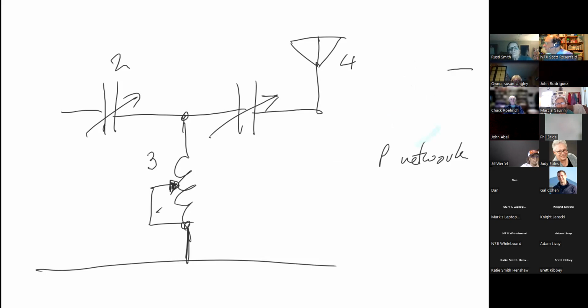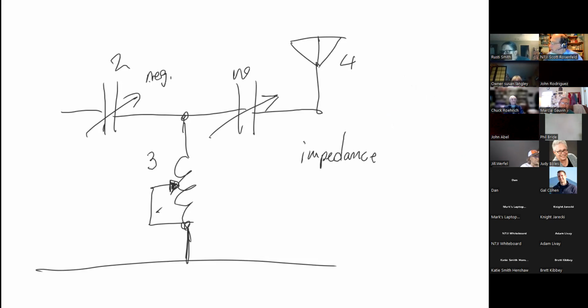So the reason that we do this stuff is because, now, think back to a capacitor. A capacitor has this thing called impedance, and so does an inductor. All right? Capacitors have negative impedance. Inductors have positive impedance. So what we have here is an impedance coming in off this antenna.